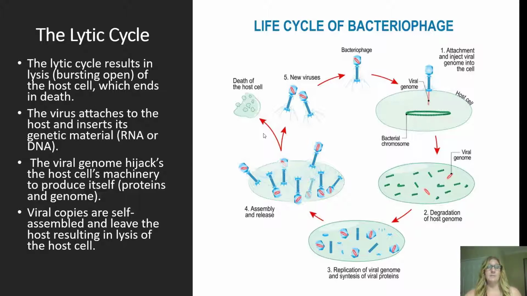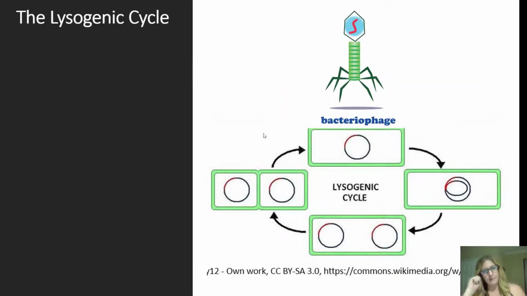At that point, the viral genome will hijack the host cell's machinery to reproduce itself, and it'll have the host cell make proteins and make the viral genome. After everything has been made, the viral copies are going to self-assemble and then leave the host cell, which results in lysis and death of the host cell.